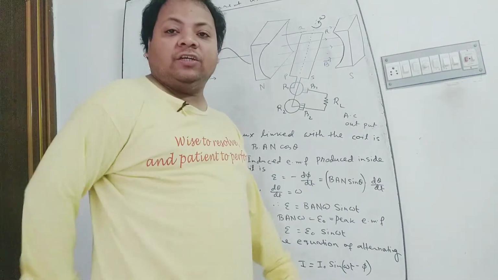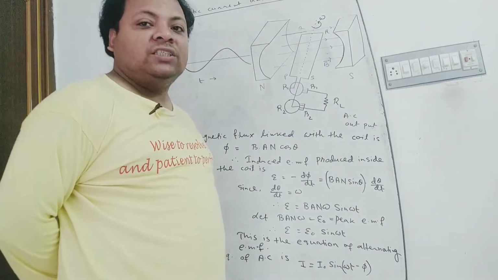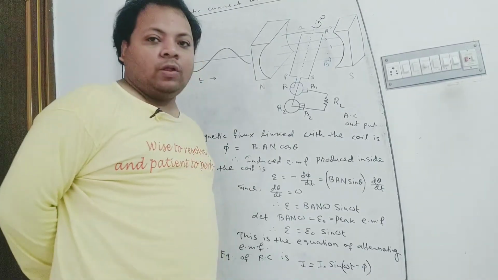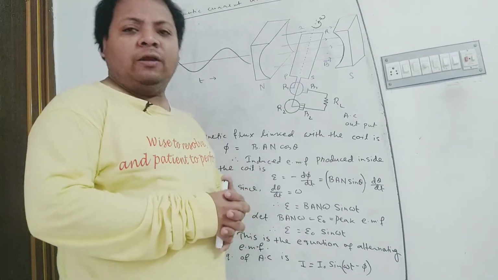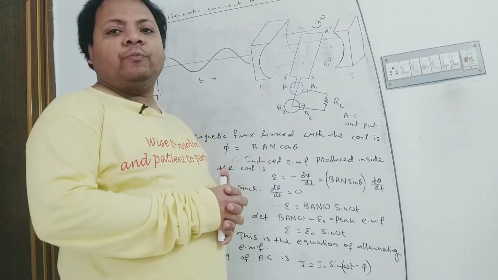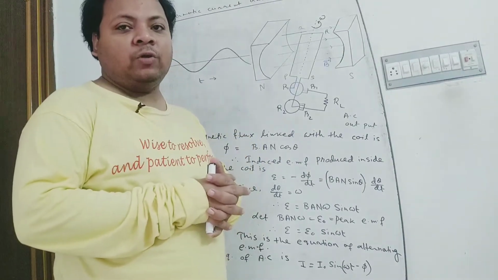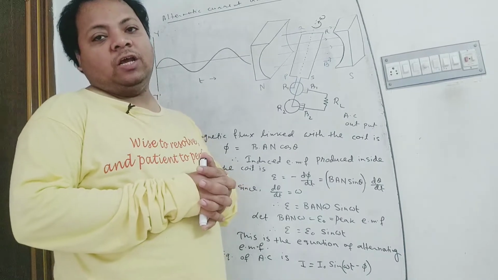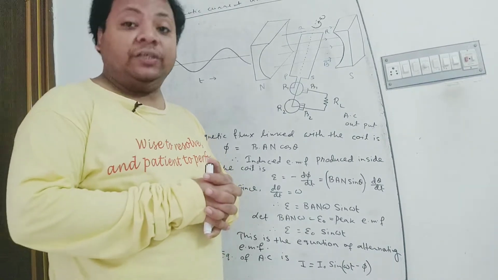Due to the rotation, the linked magnetic flux with the coil changes. Therefore, from Michael Faraday's law or from Lenz's law, we can explain the production of alternating current and alternating voltage.